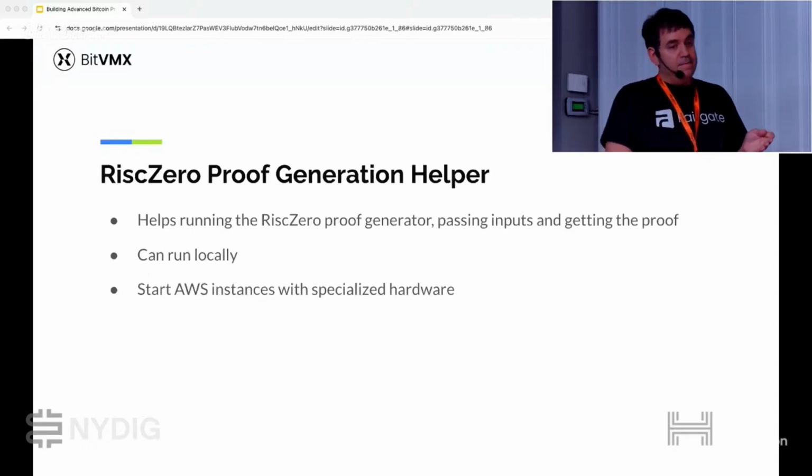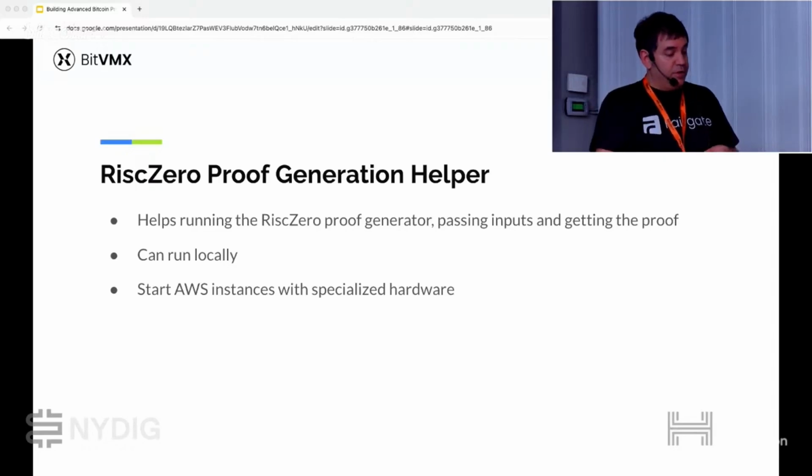Okay, the RISC Zero proof generation helper. Basically, as I mentioned, the generation time of the zero-knowledge proof may take hours, running on specific hardware.